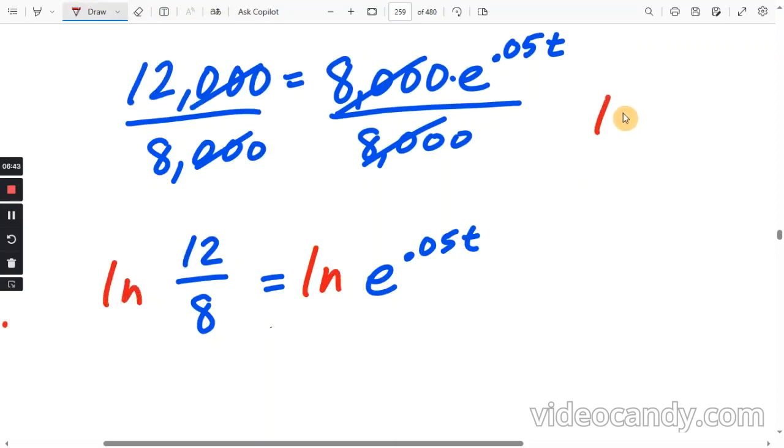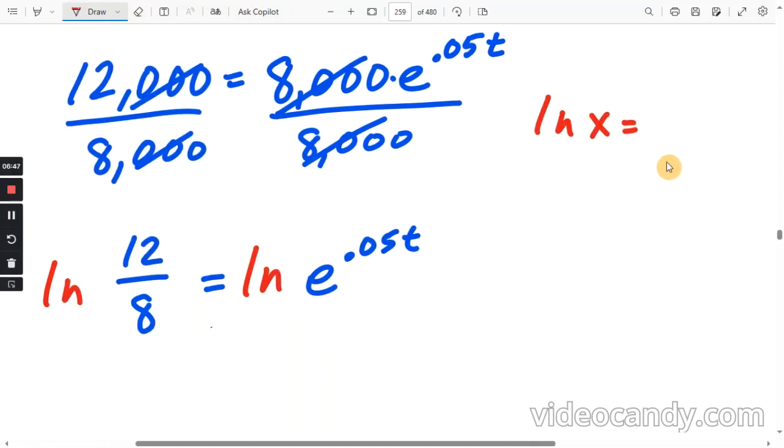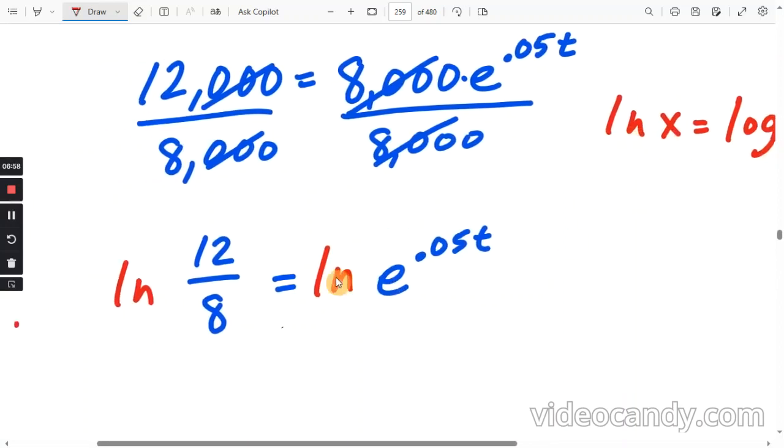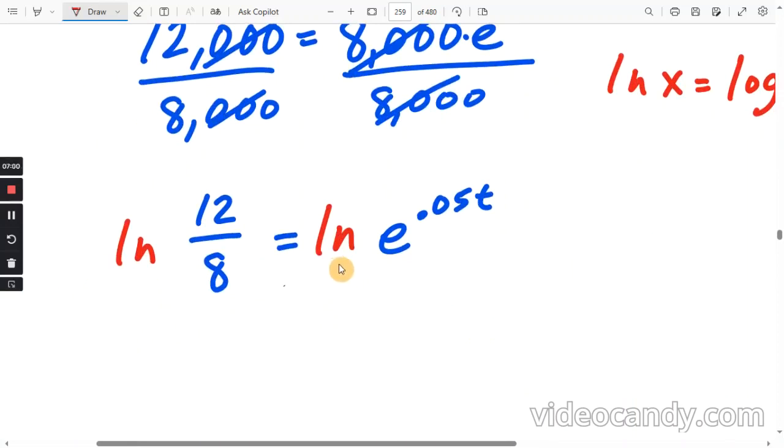Remember that the natural log is the same as log base e. All right, so if you take the natural log of a number, that's log base e. So since the bases match here, natural log is base e, and this is an e.